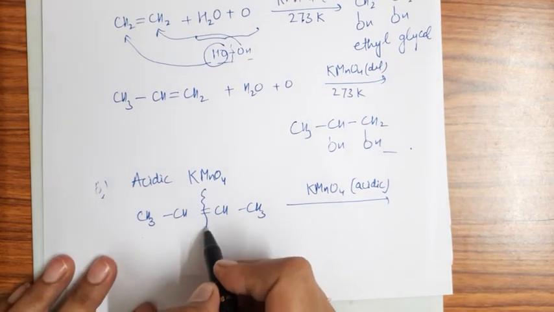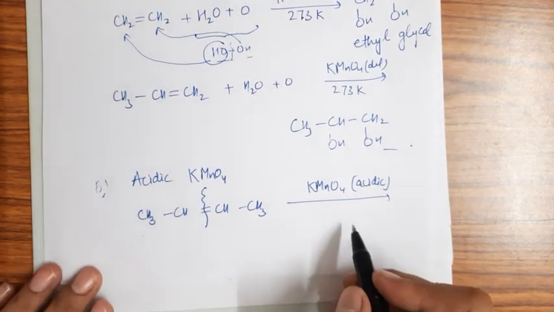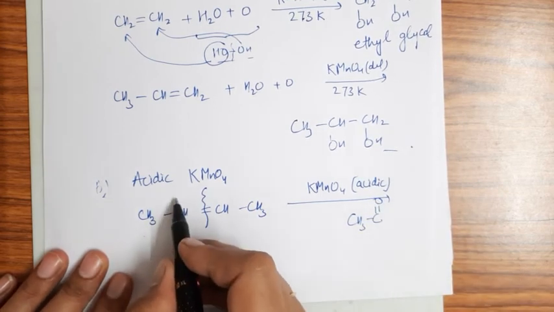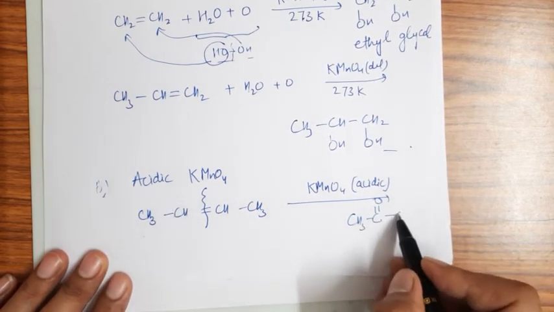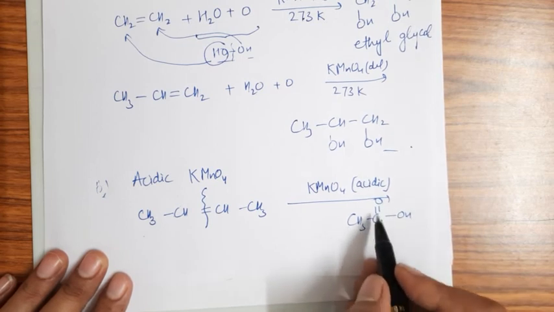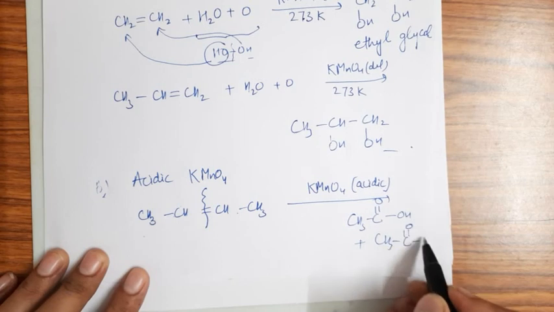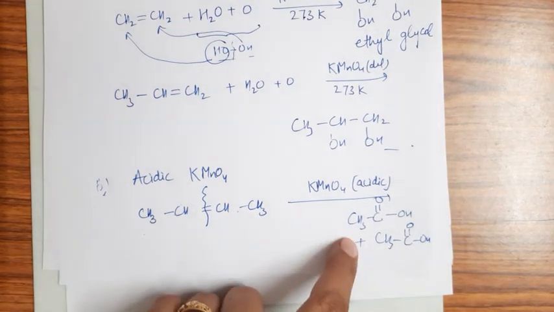So from here it breaks up, C gets converted to CO, and H gets converted to OH. That means CH3COOH, and in the same way for this CH3COOH. That means 2 molecules of ethanoic acid will be formed, right?